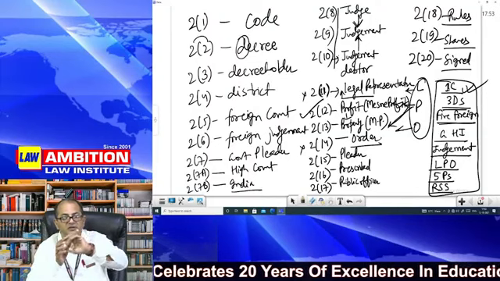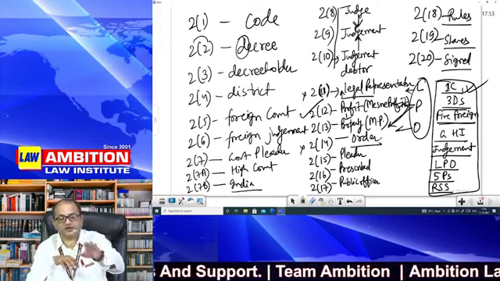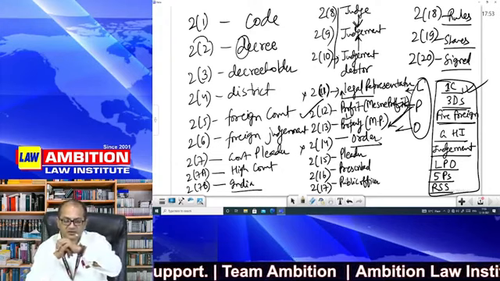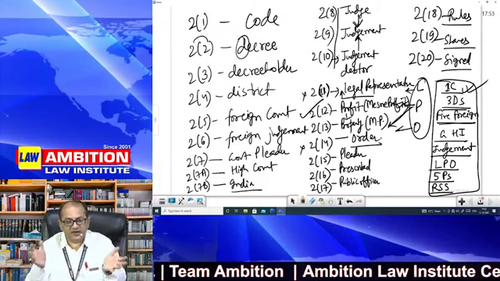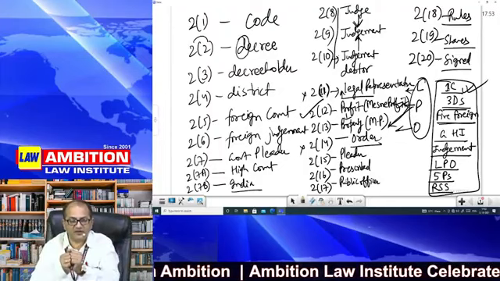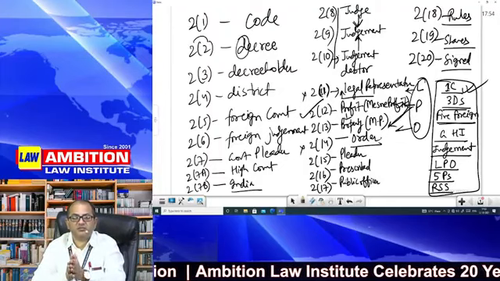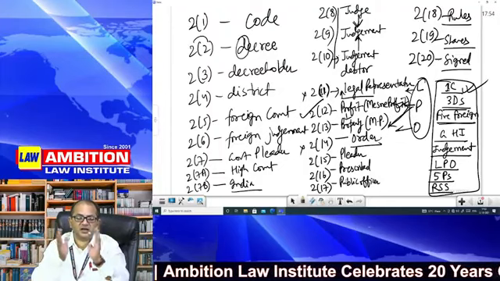If I am asked a question either in mains or in preliminary, I will answer on the basis of that decision itself. Anybody who has read Dhulabhai versus State of MP knows what Section 9 is exactly all about, because it is so exhaustive a case, a constitution bench decision where many cases have been quoted.